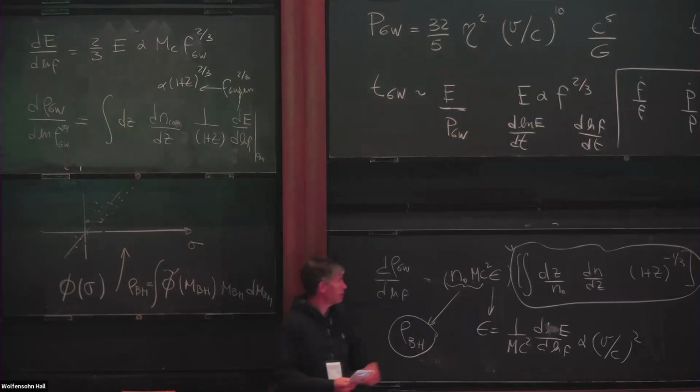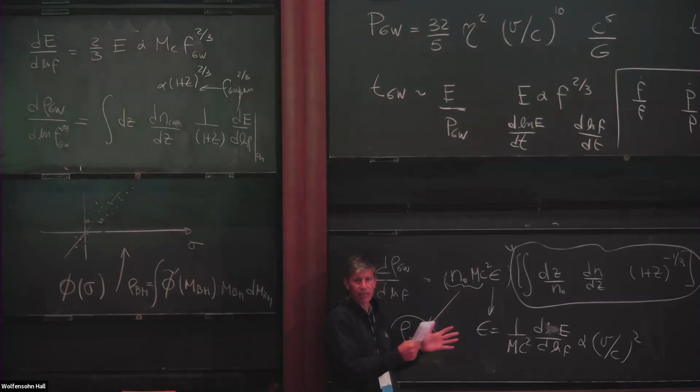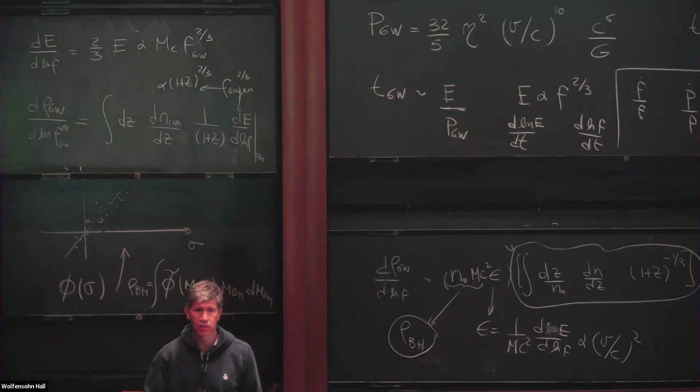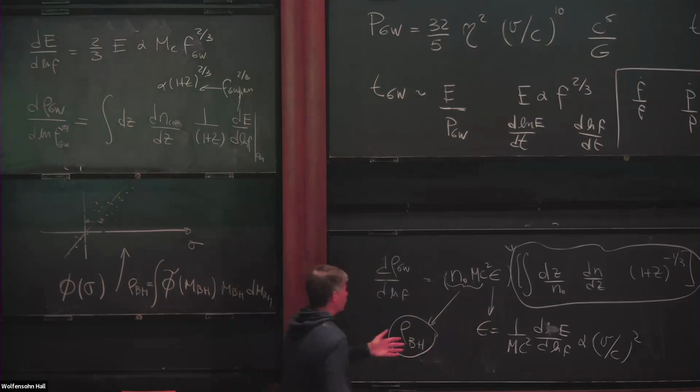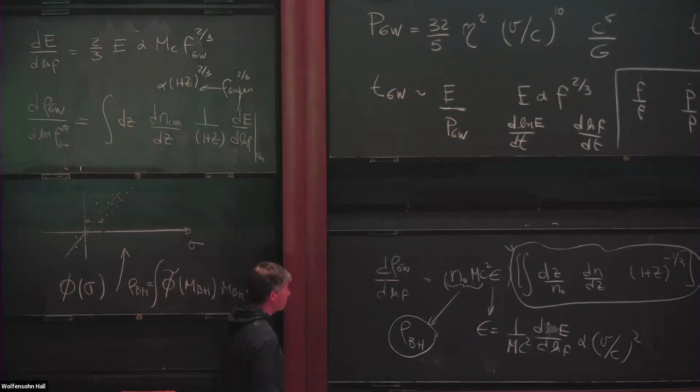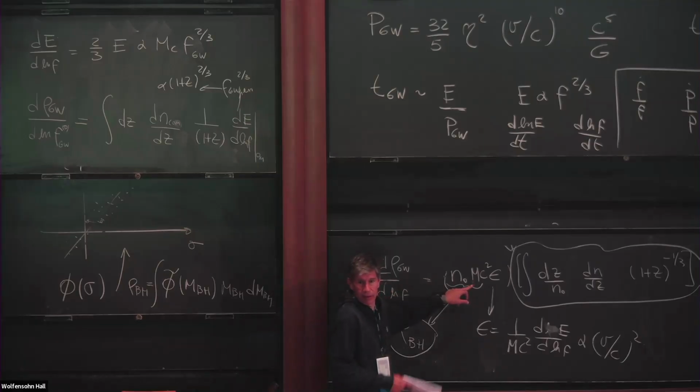You integrate over that, you look at the integrand and you see which mass contributes the most, okay? And you will find that it's somewhere around 10 to the 9 solar masses. So black holes of around 10 to the 9 solar masses contribute the most to the gravitational wave background. Why? Because, of course, the heavier they are, the more energy they put out. So that is one part.